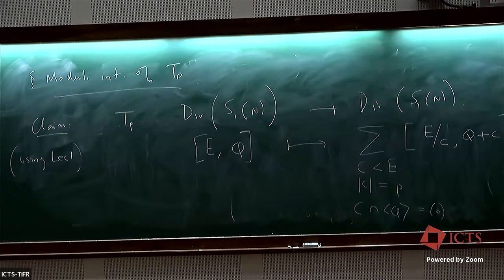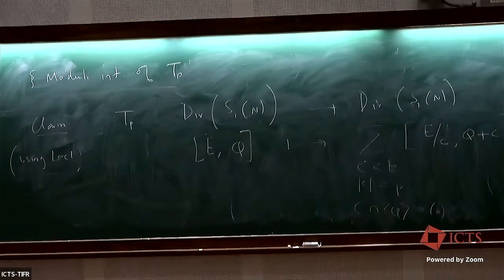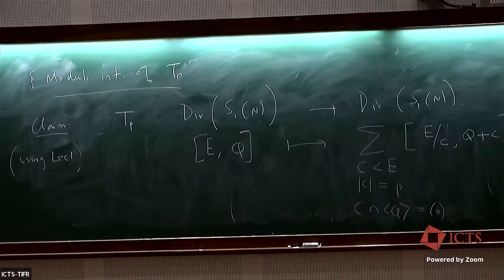The claim is that these are exactly the subgroups of index P. Another interpretation of the Hecke operator. Equivalent to the one with lattices, you're just looking at quotients rather than subs. Right, these are the subgroups of index P inside Z plus Z, the direct sum Z.